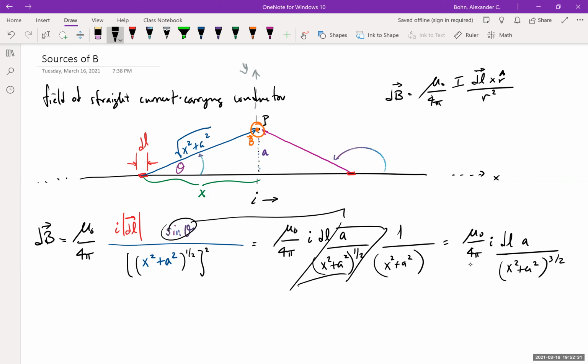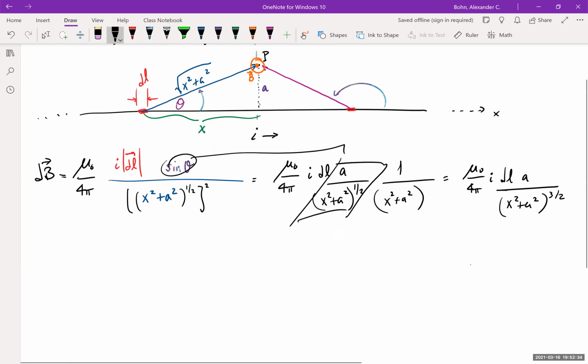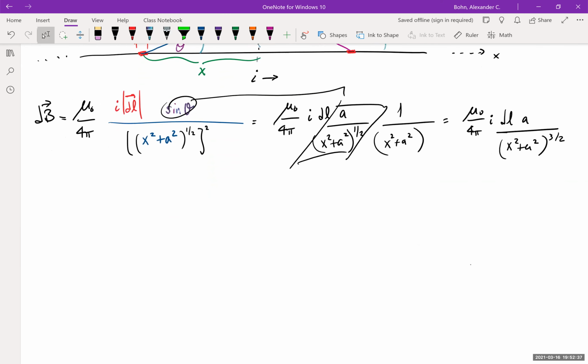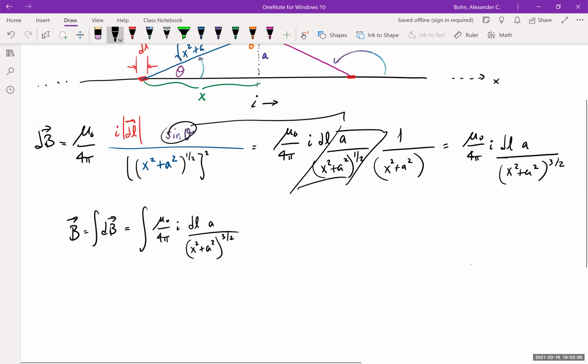All right. So if we want the total magnetic field at point P, we need to integrate. Now, integrate from what to what? Well, we've got the conductor oriented from one side to the other along the x-axis.